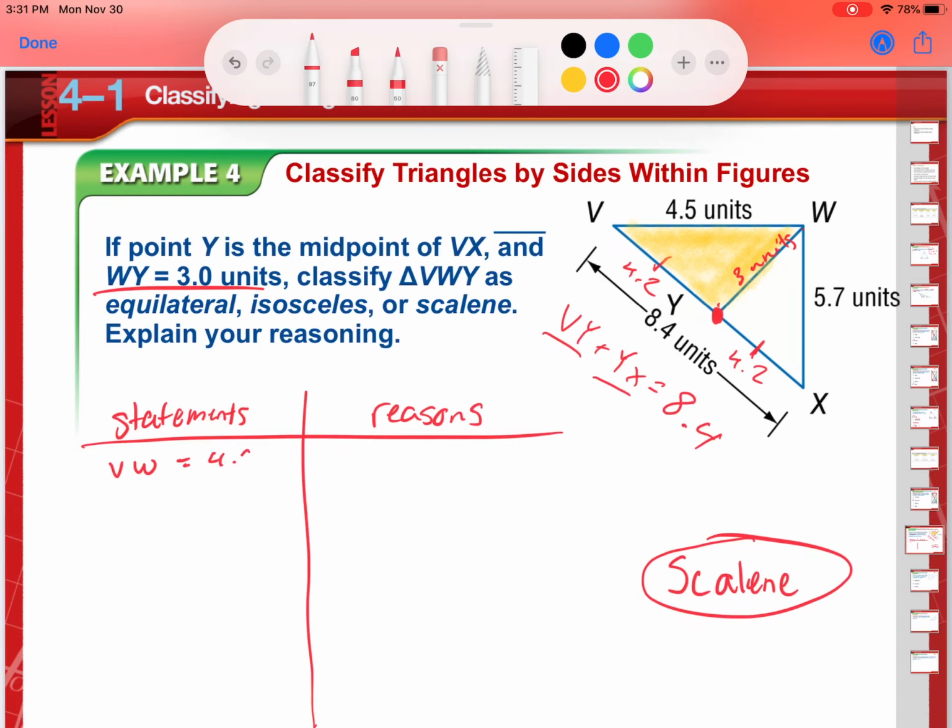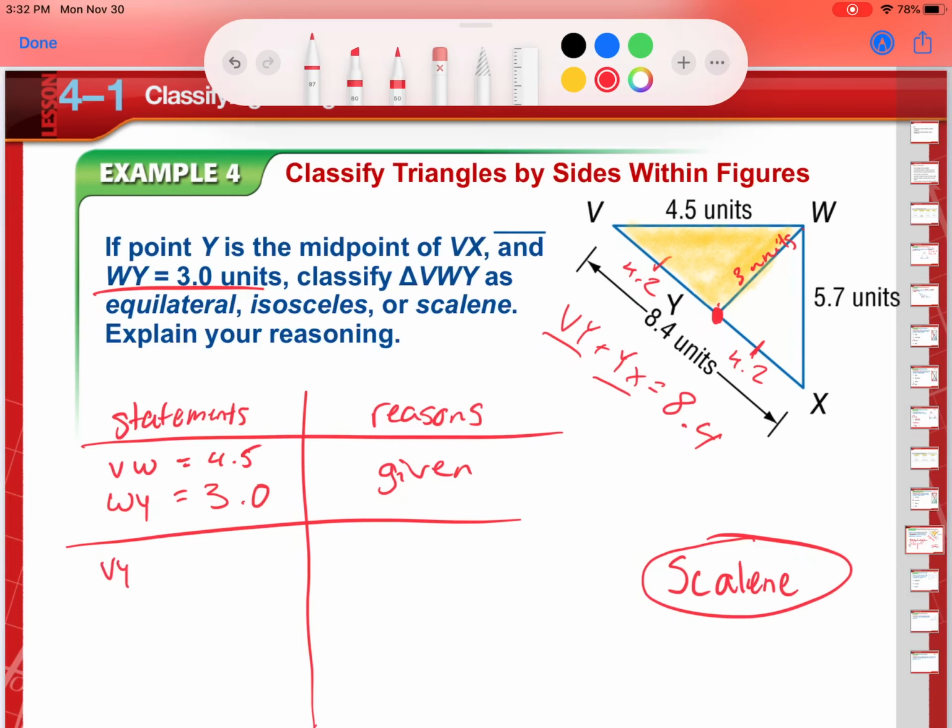I would start off, if I was going to write this proof, I would say, based on the picture, VW equals 4.5, and WY equals 3.0. I would say that's given.